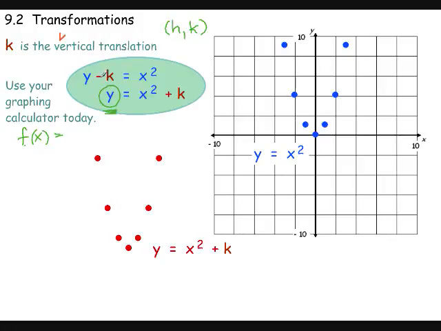So, although I am subtracting this constant from y, I'm going to transfer it to the other side, and it takes on the other sign. It's now whatever my operation is. What is my operation on this function? I'm squaring it. So my input is x, and I'm squaring it. Then I'm adding the translation.